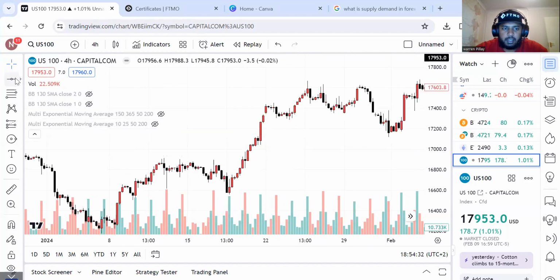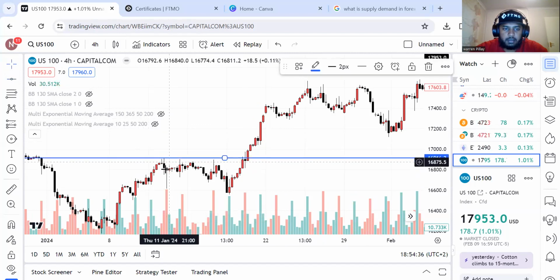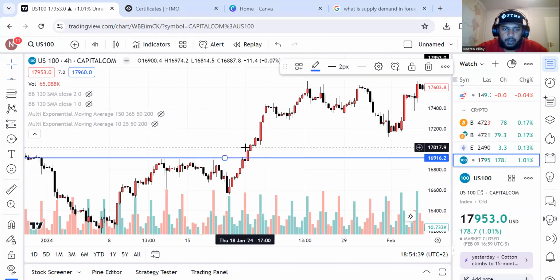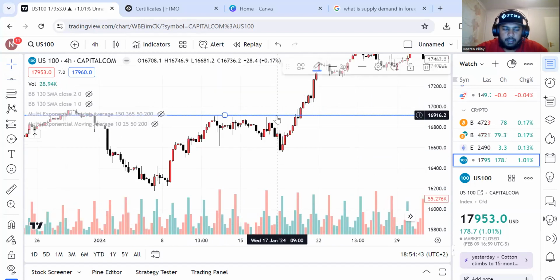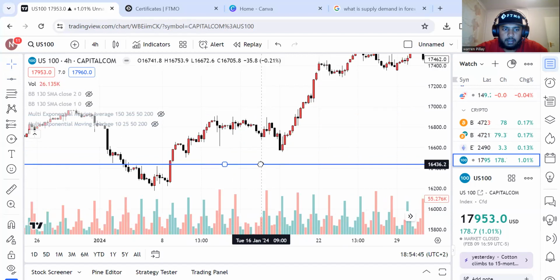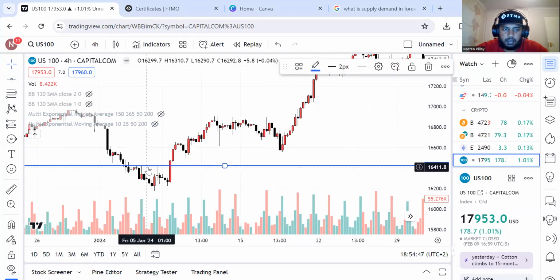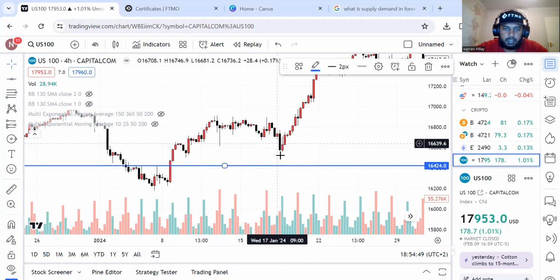So if you look at this area here, you can see that this is resistance, right? And then it broke through resistance. And then here is also resistance, broke through resistance, doesn't come back to touch it.